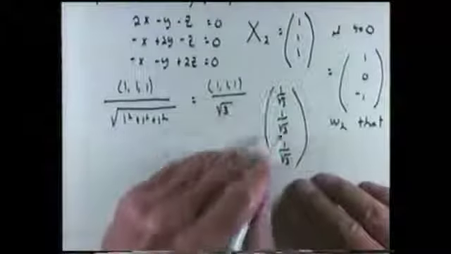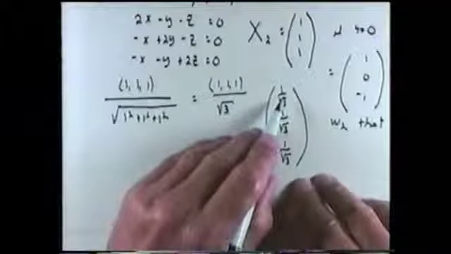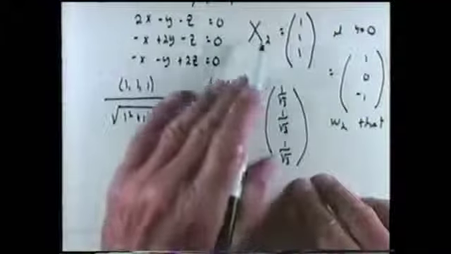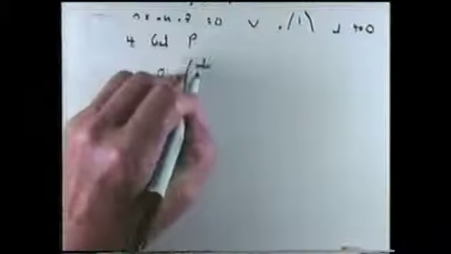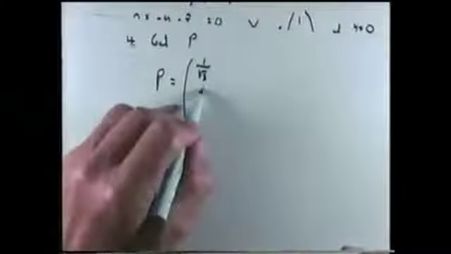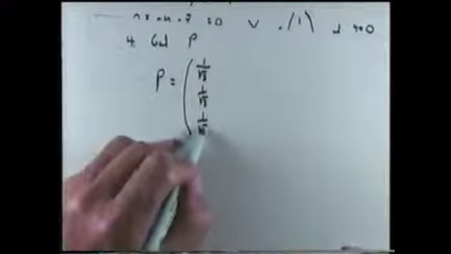So we have the first one here. That is the unit eigenvector associated with eigenvalue 2. So that would be the first column of P, which is 1 over the square root of 3, 1 over the square root of 3, 1 over the square root of 3.